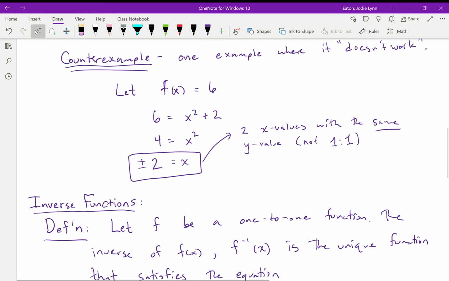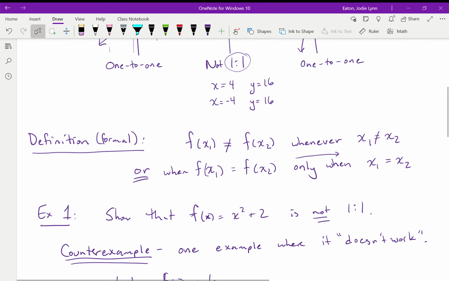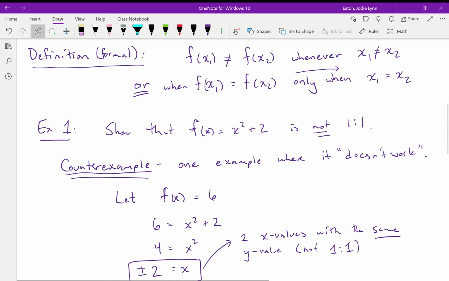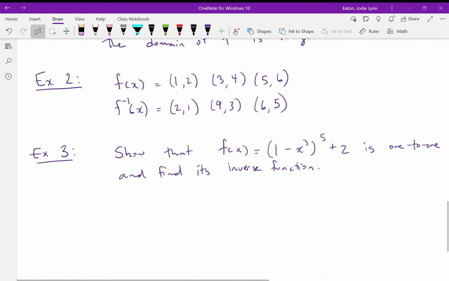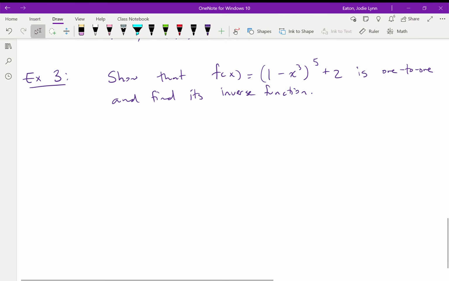So our definition up here says that f of x1 equals f of x2 implies that x1 equals x2. So what we're going to do is take f of x1 and f of x2 and show that x1 has to equal x2. And we're going to do all correct mathematics along the way in order to do that. So we will assume f of x1 equals f of x2.